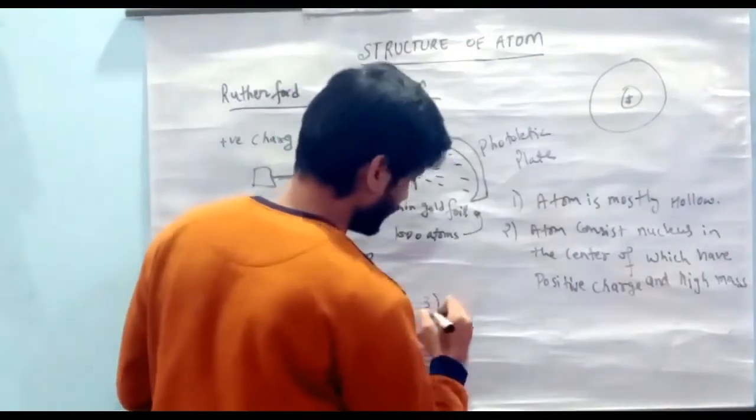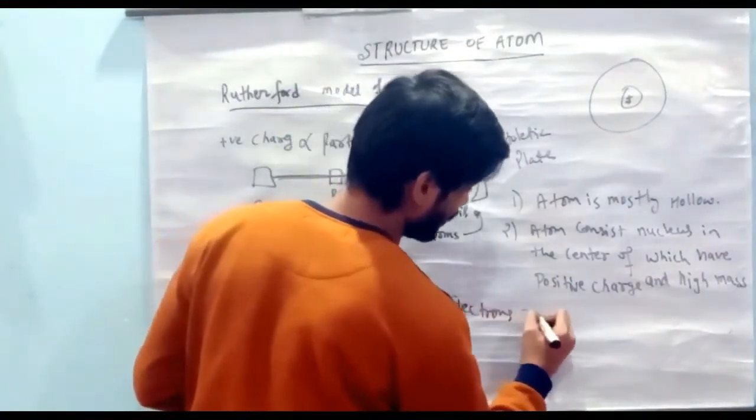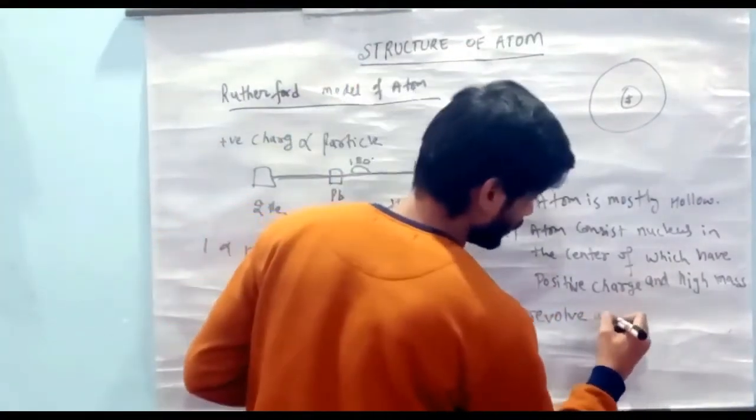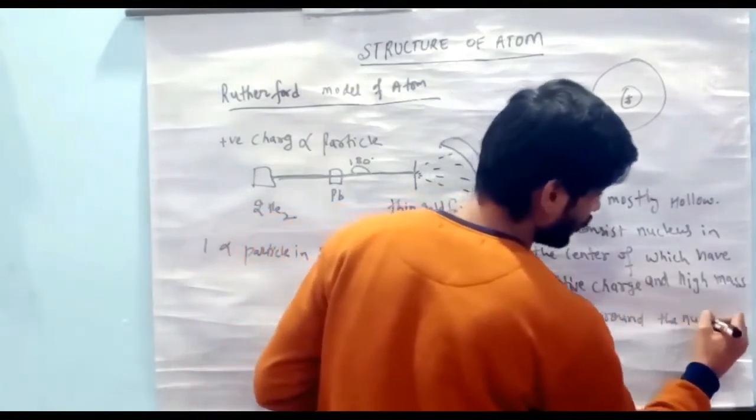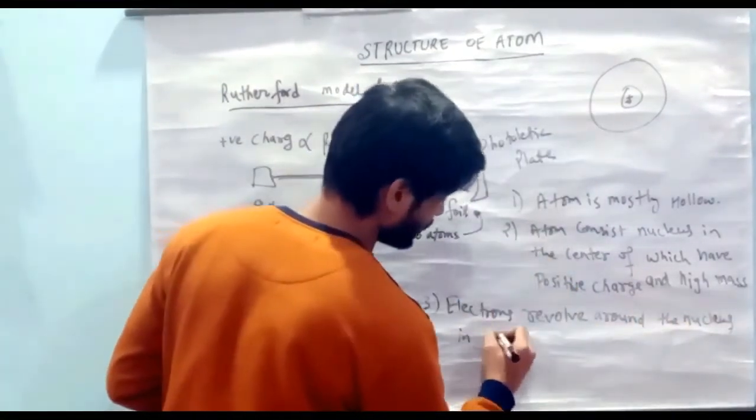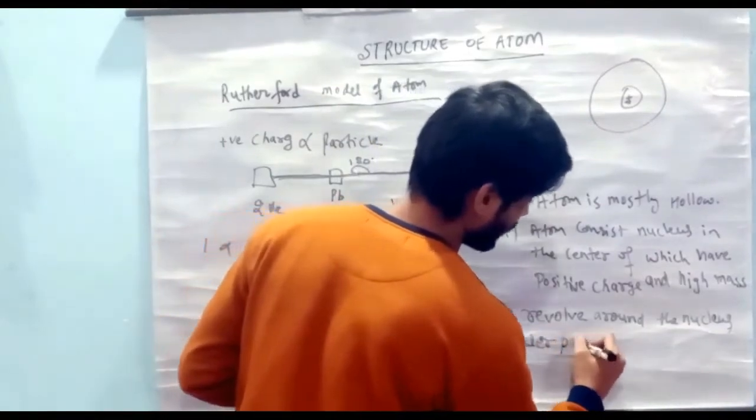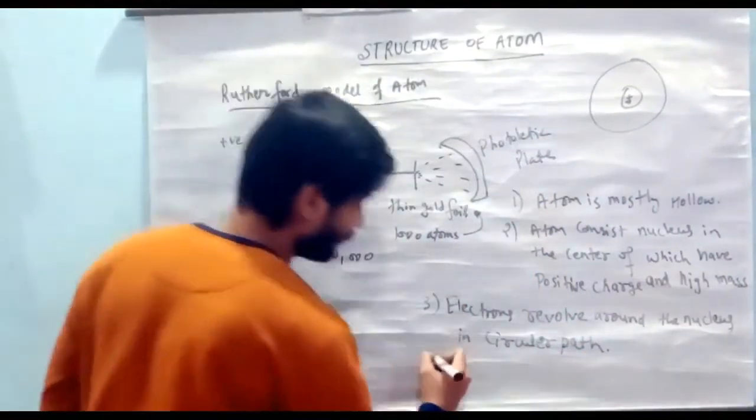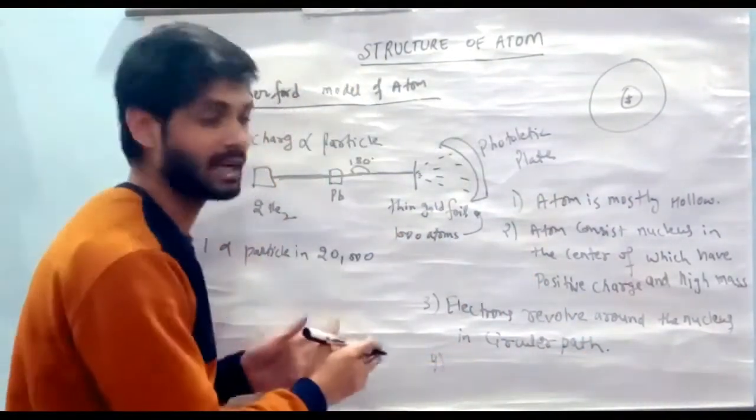Third, electrons revolve around the nucleus in a circular path. And the fourth thing was the drawback of this atomic structure.